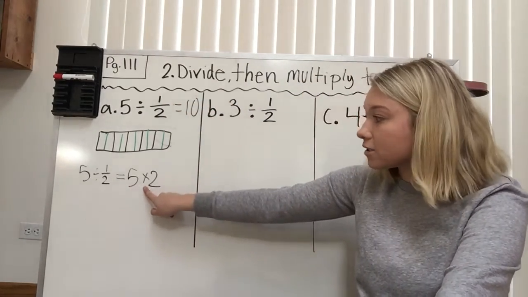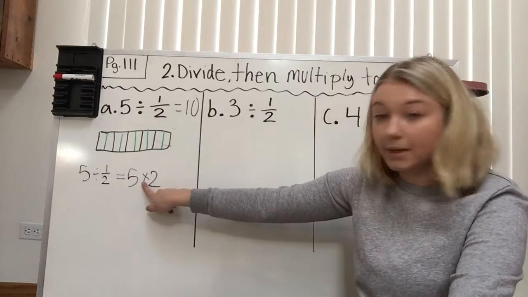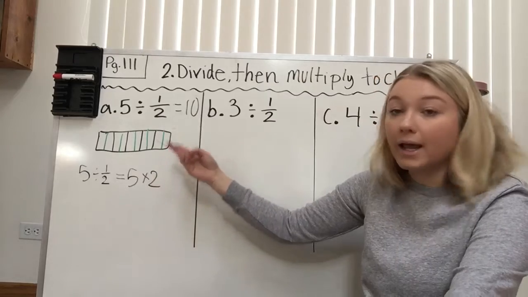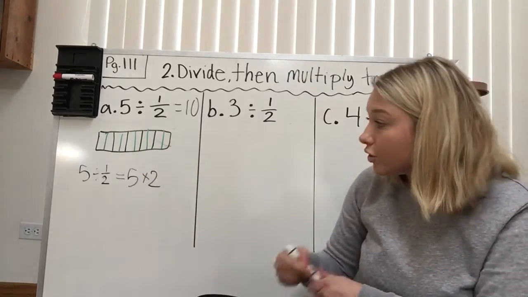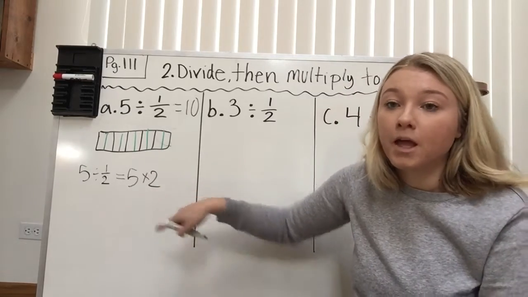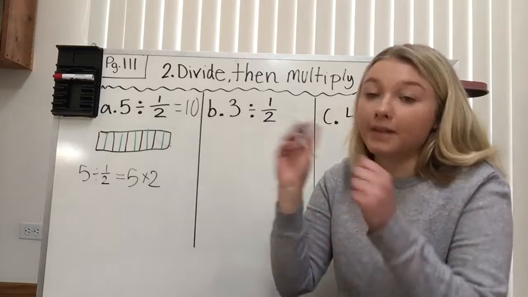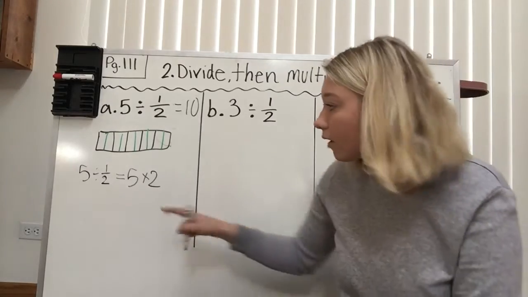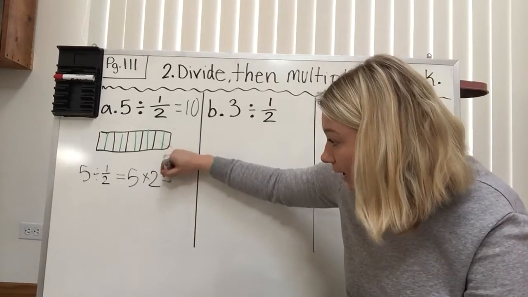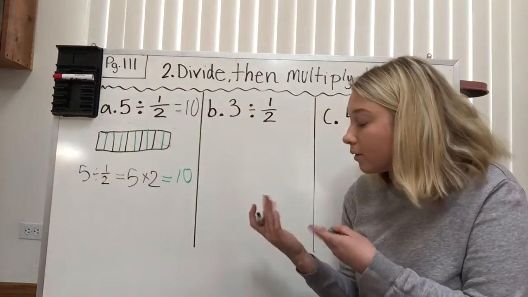I changed my division symbol into multiplication, and I flipped 1/2 to make it 2 over 1, which is actually 2. So keeping, changing, and then flipping. So 5 times 2, and we know 5 times 2 is 10, and that's our answer. So that's how we check with multiplication.